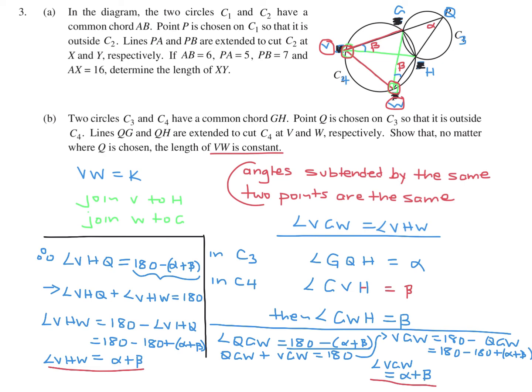And therefore, this is constant. So that's our final conclusion, that since those two angles are the same, you can write it out according to that rule. V and W are fixed, and therefore VW is constant in terms of its length. And that completes part B.